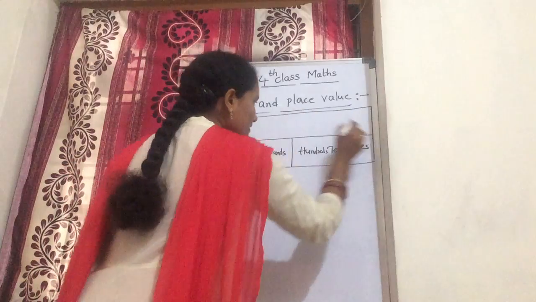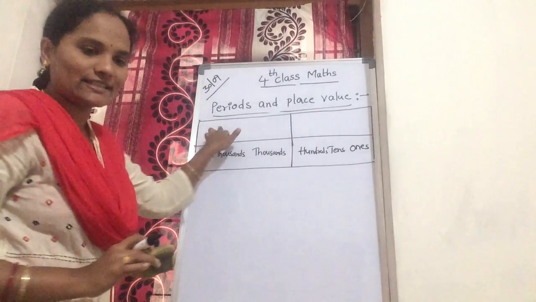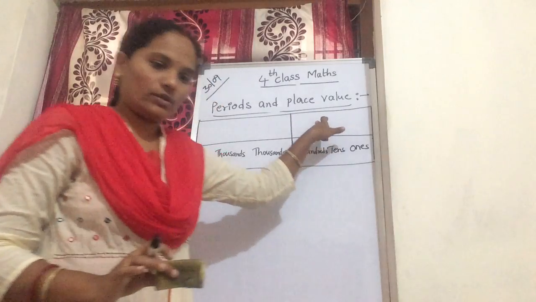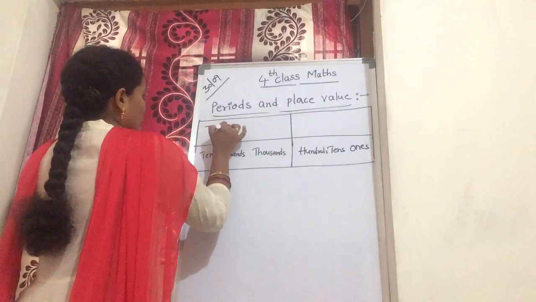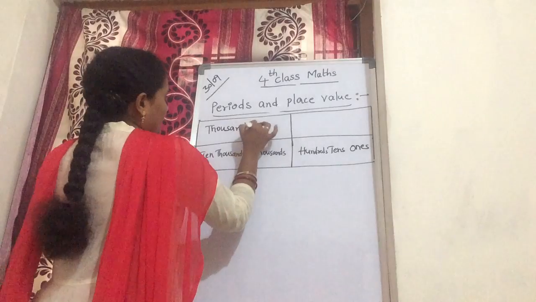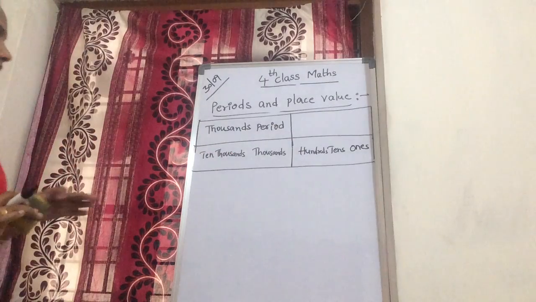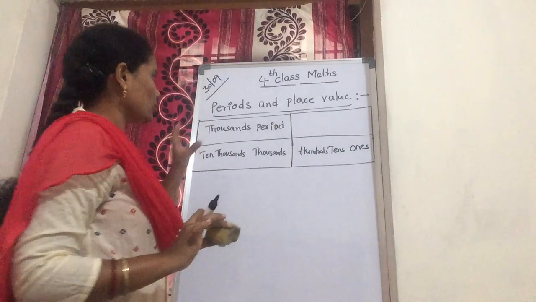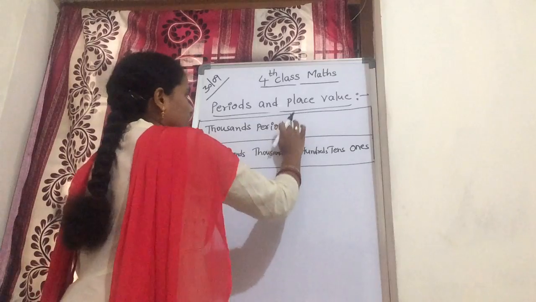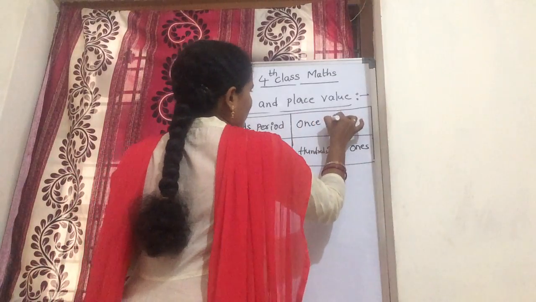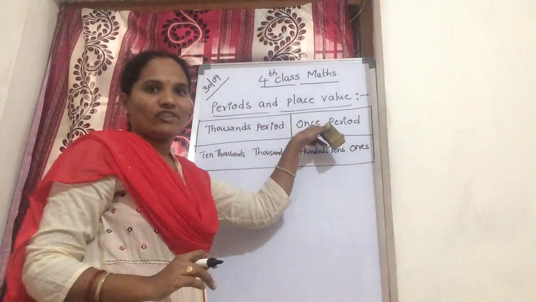Now what are the periods? The periodic table is divided into two periods, that is the thousands period and the ones period. First one is what? Thousands period. In 5-digit numbers, our place values are divided into two periods: the thousands period and the ones period.